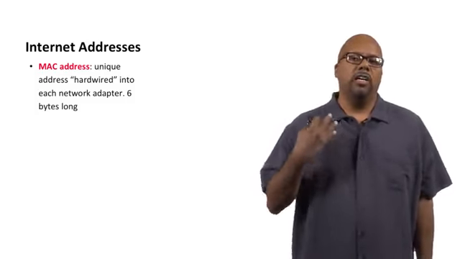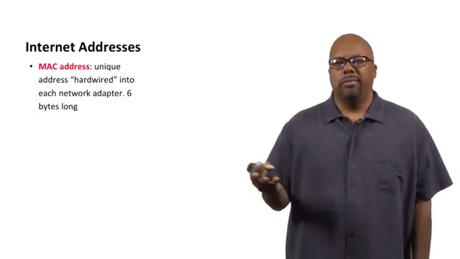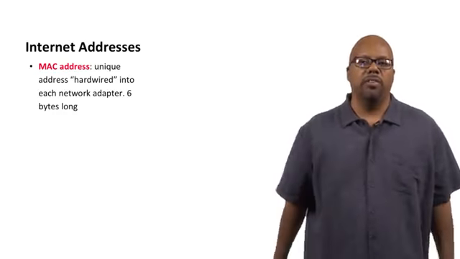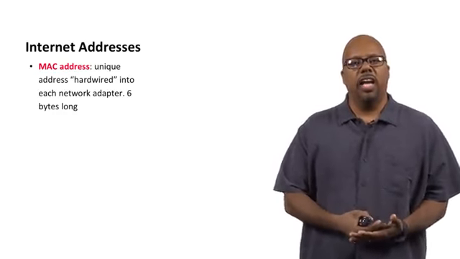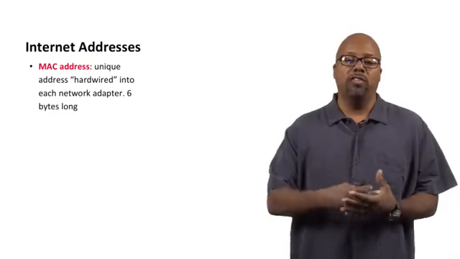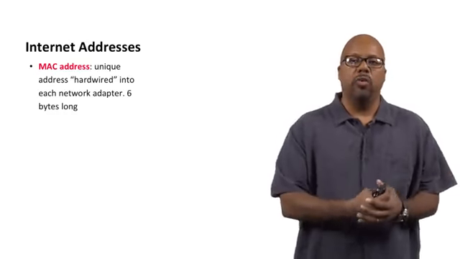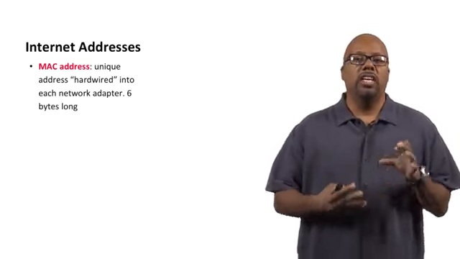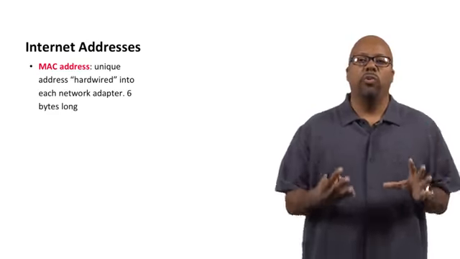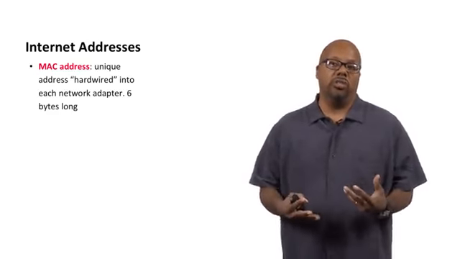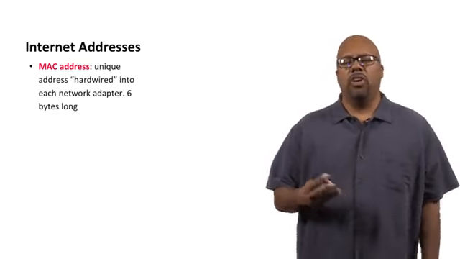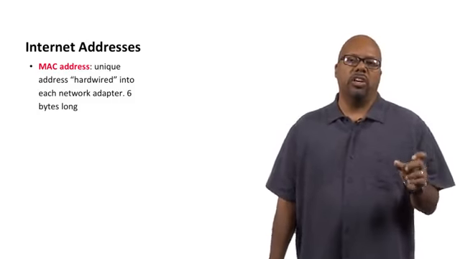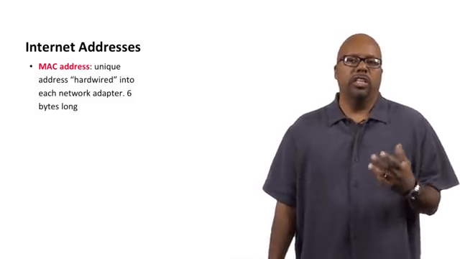But if you were to buy a component off the shelf, say a laptop, and it's got Wi-Fi and wired, an Ethernet jack and a Wi-Fi adapter, it would have 2 MAC addresses. The Ethernet would have 1 MAC address, the Wi-Fi would have another MAC address, and those would be fixed in there and you can't change those. But with our Ethernet shields, most of the time we can actually change the MAC address. Or sometimes they come with a MAC address on a sticker, but we can usually change them.